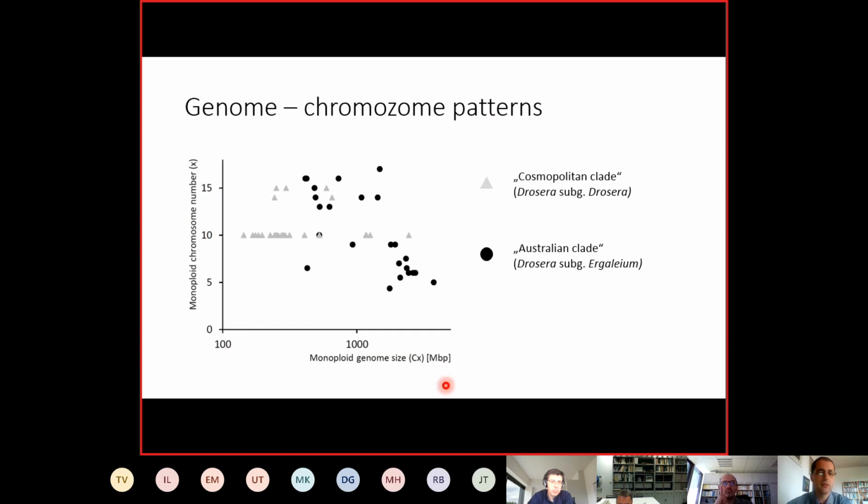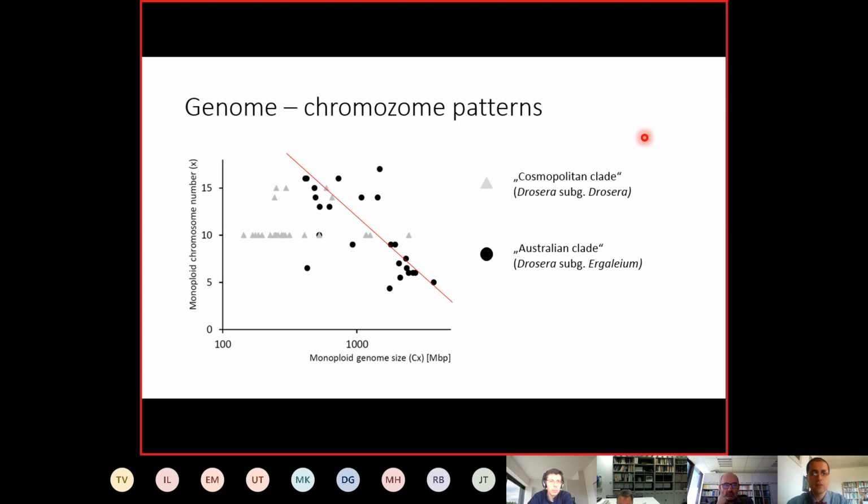When we observed the parameters of the genome sizes against chromosome numbers, we have detected a negative correlation in one of the major clades of Droseraceae, or particularly the genus Drosera.